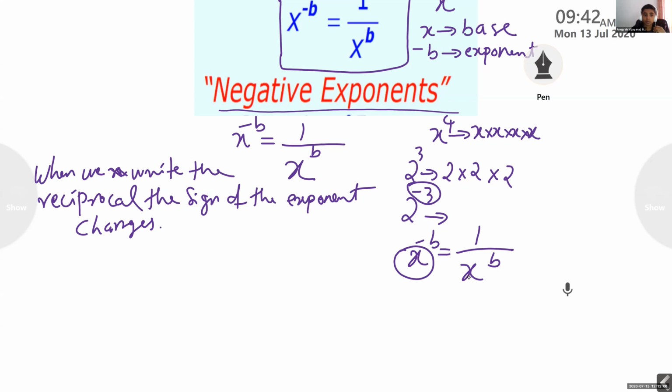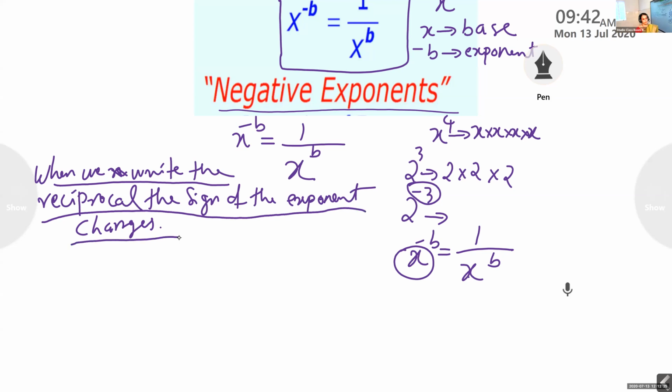Anandita, understood? Yes, ma'am. Alan, understood? Yes, ma'am. Write this sentence also: when we write the reciprocal, the sign of the exponent changes.